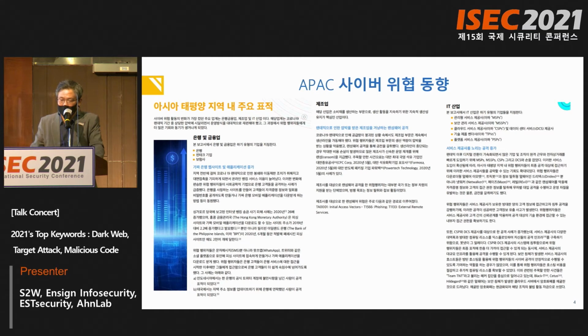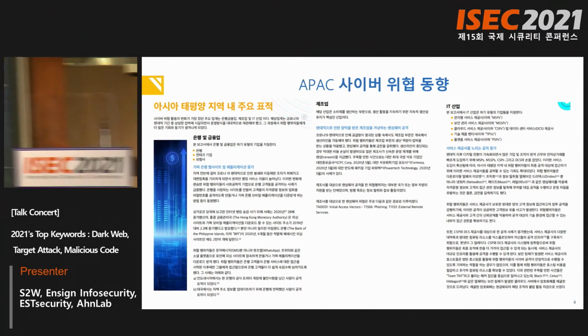And I'm going to explain the APEC cyber threat landscape, and it's divided into banking and finance, second, manufacturing, and third, technology. This text is really small, so I'm going to explain based on the text.